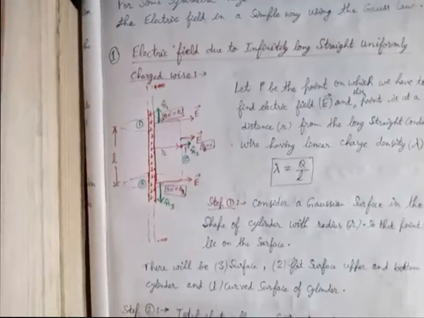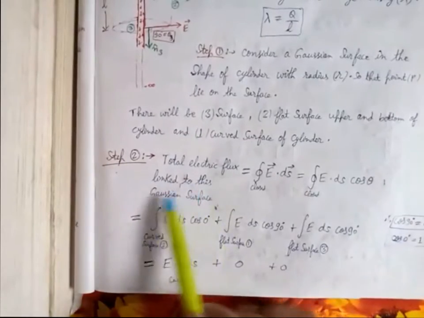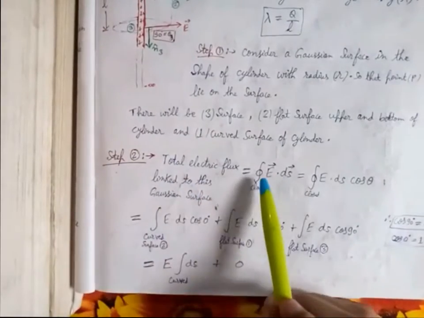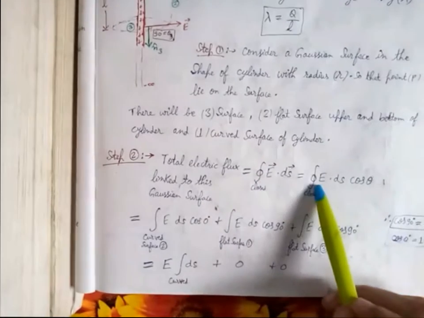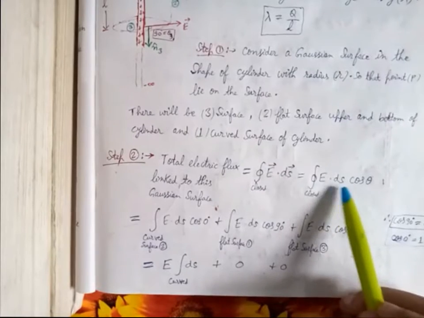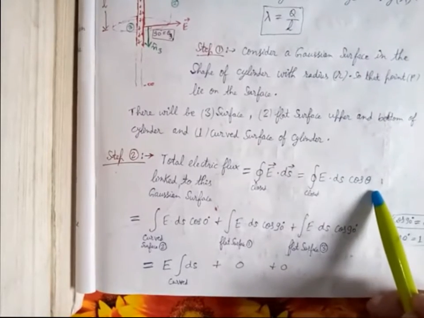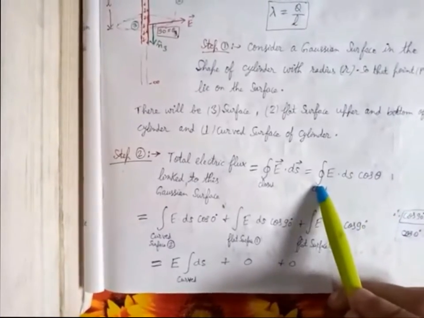In step 2, we will find the total electric flux linked to this Gaussian surface, that is, closed integral E dot ds, which is closed integral of mod E, mod ds into cos theta, where theta is the angle between the area vector and the electric field vector.